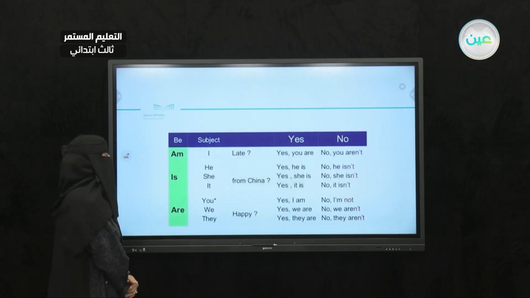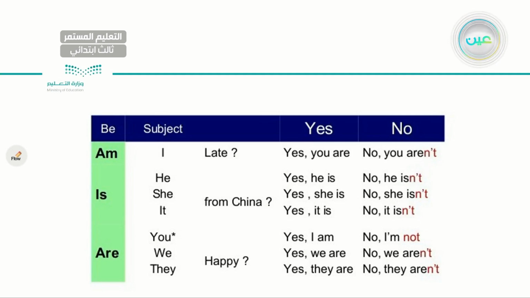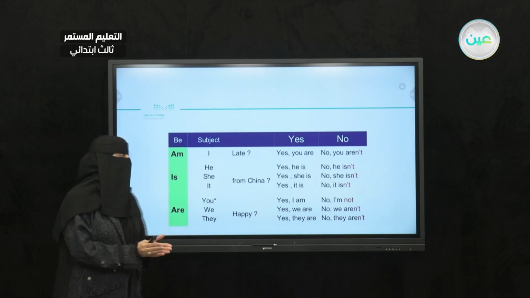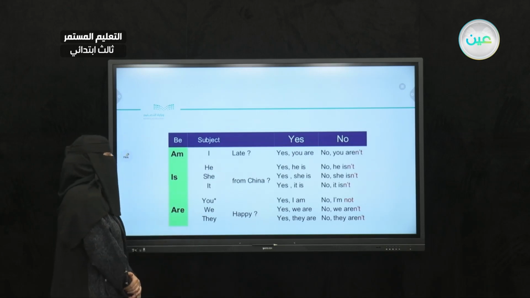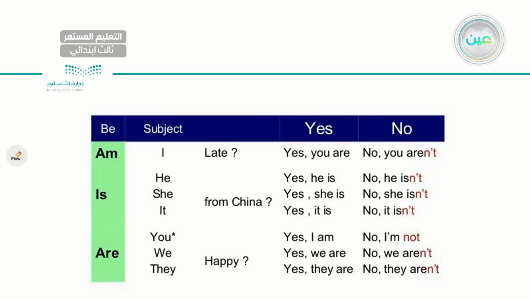So as you can see here, I have this chart. To your left, I have the yes/no questions with verb be: am, is, are. These questions often start with am, is, are. Am I late? Yes, you are. No, you aren't. So as you can see, I have yes and no as answers.